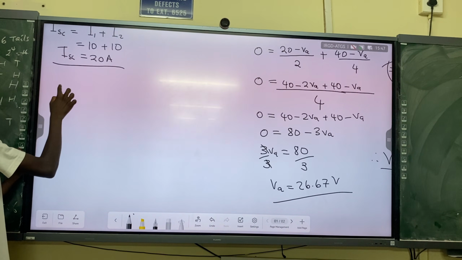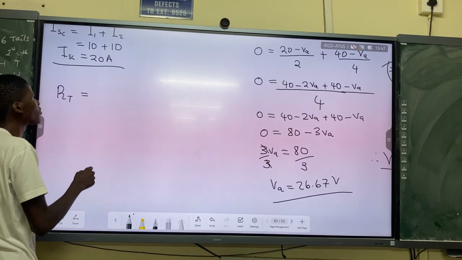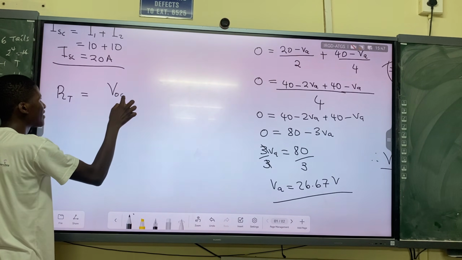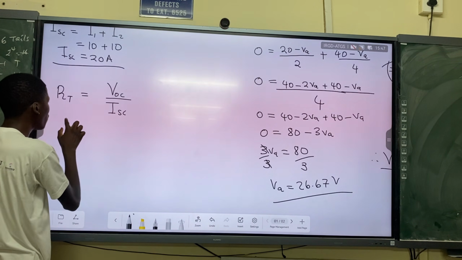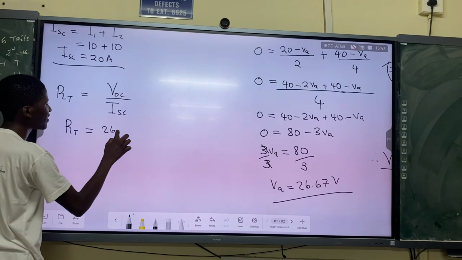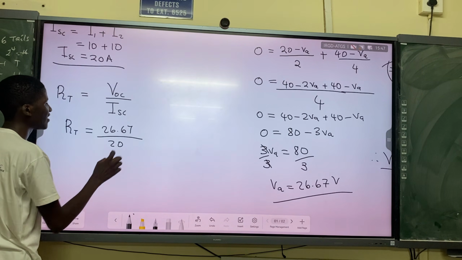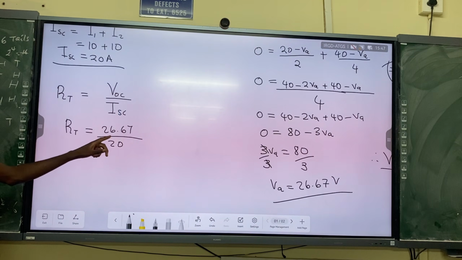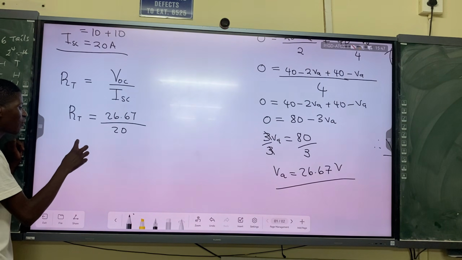So the total resistance, or the Thevenin's resistance, is going to be equal to V open circuit over I short circuit. And if we do that, V open circuit is 26.67, right? And then I short circuit is 20, right? So we got 20 amperes short circuit current. So our total resistance will be what?